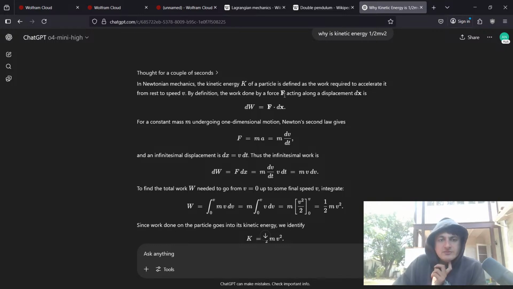And an infinitesimal displacement is dx equal to v dt, since v is equal to dx dt, so dx is equal to v dt. This made more sense the last time.